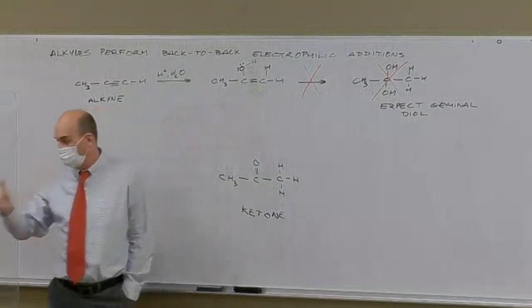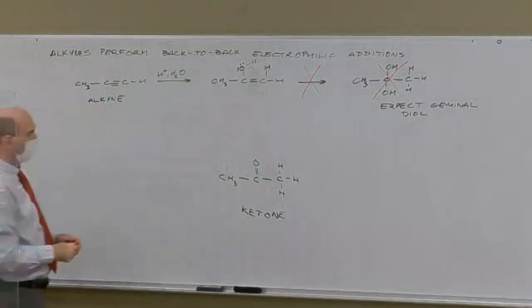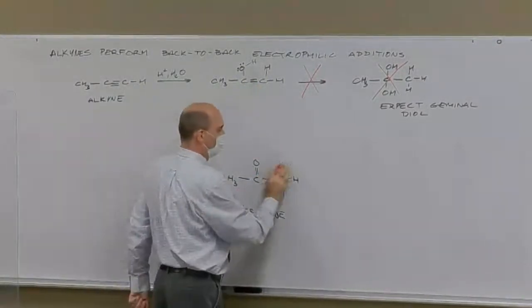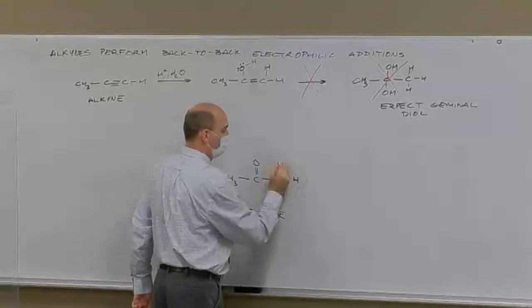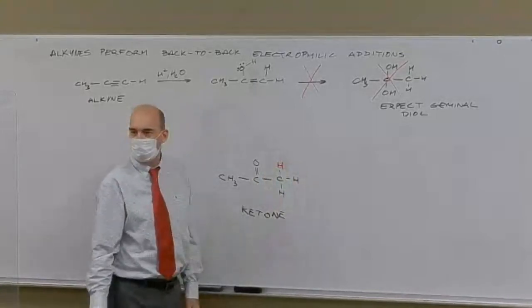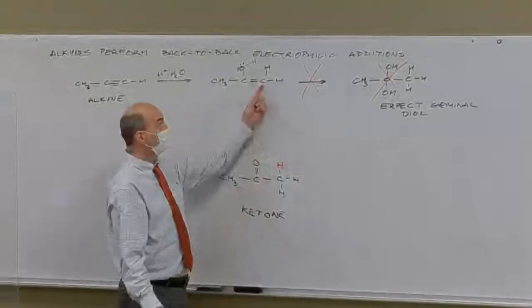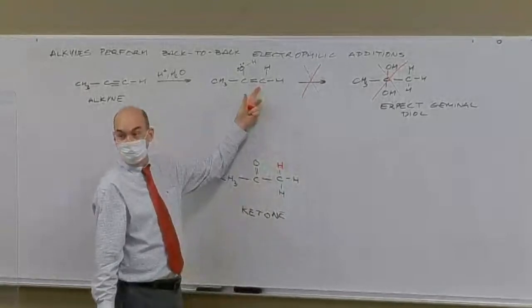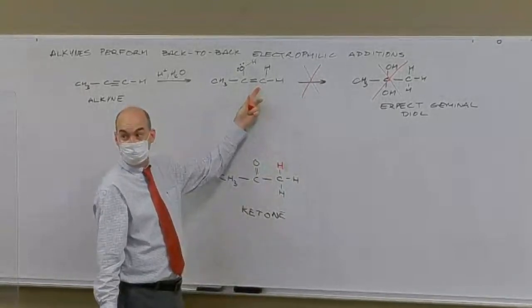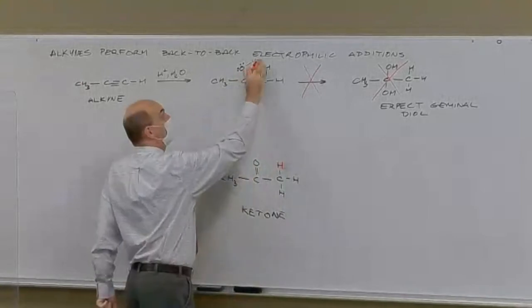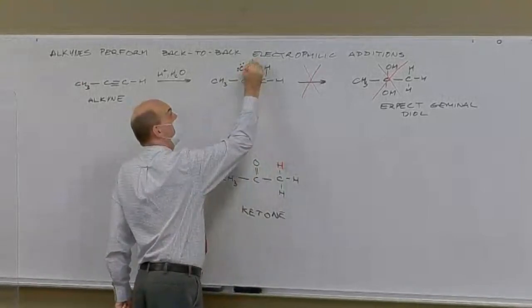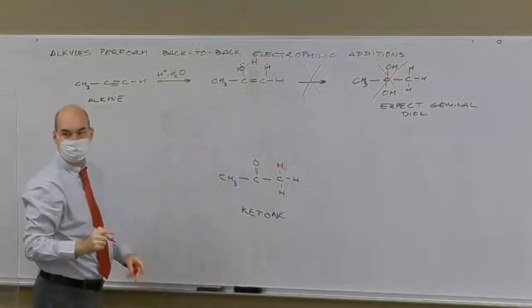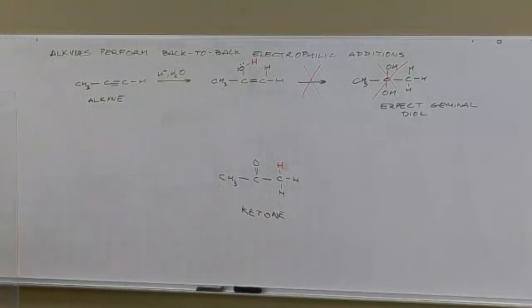But then the alarm bell goes off: where did that hydrogen come from? Because this carbon has 2 hydrogens. By the time we're finished, it has 3. That hydrogen that is on the alcohol is going to migrate.